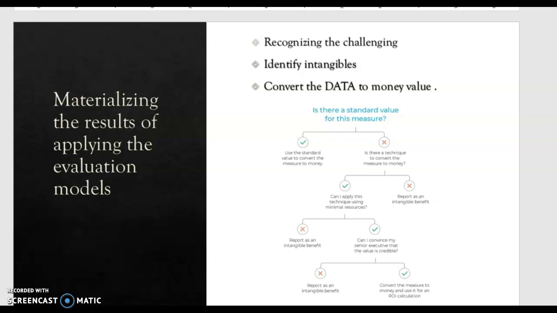Third is identifying intangible values. ROI of education should be seen as a social return on investment, or SROI. The intangible benefits are a critical value for any education process.